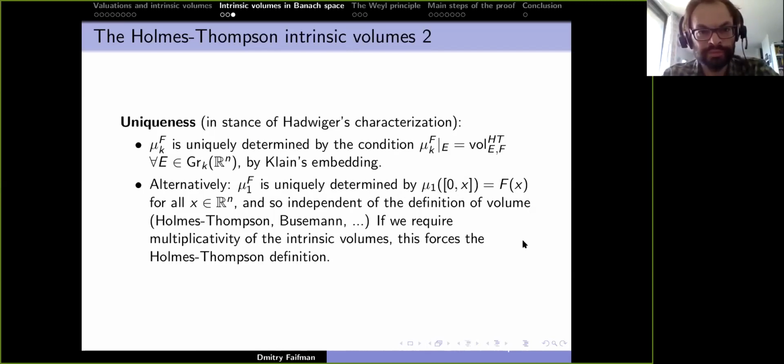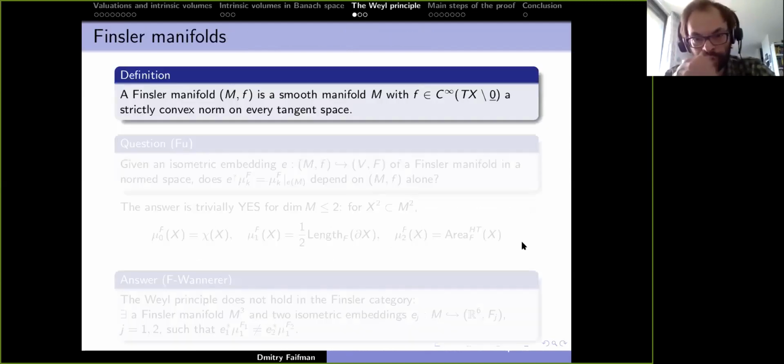And we want to talk about submanifolds. So you all know what a Finsler manifold is, so I'll just recall it. It's a manifold where you have also a norm on every tangent space instead of a Euclidean product, as you have in Riemannian manifolds. You have just some norm, which again I assume smooth and strictly convex everywhere and symmetric.